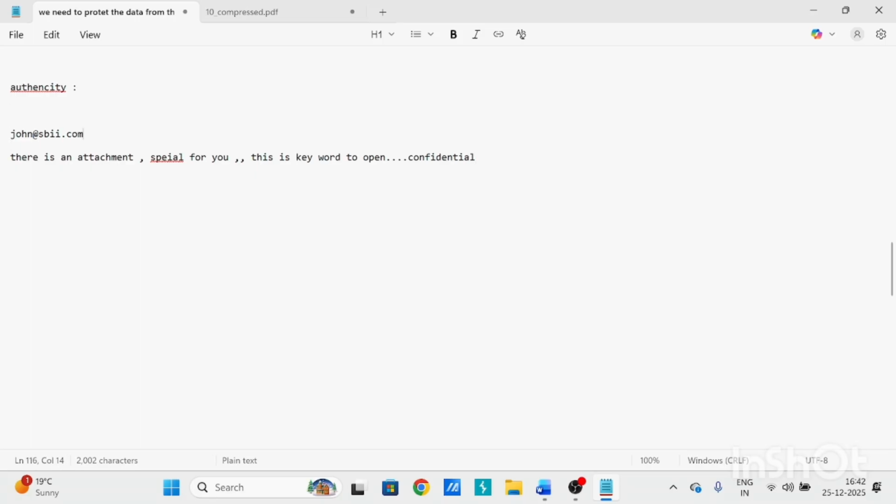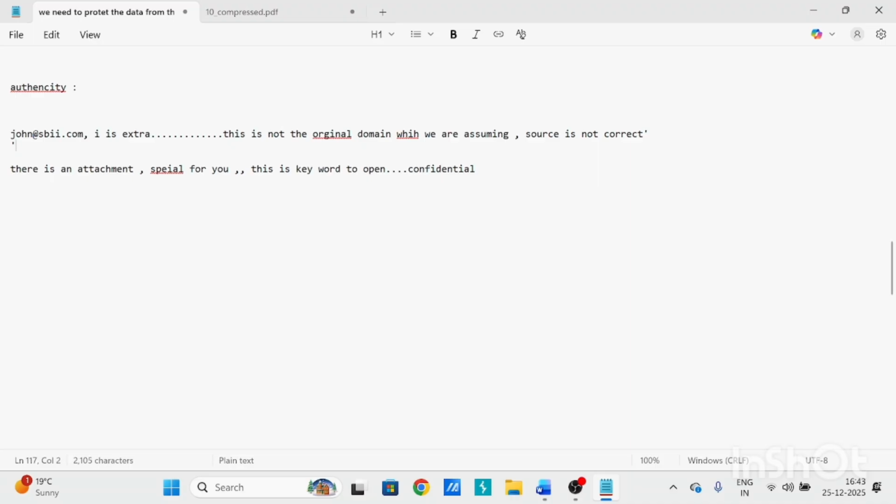If you notice here, the domain spelling is sbii. So this is not actually State Bank of India, because one I is extra here. So by this we can easily say that this is not the original domain which we are assuming, meaning the source is not correct.